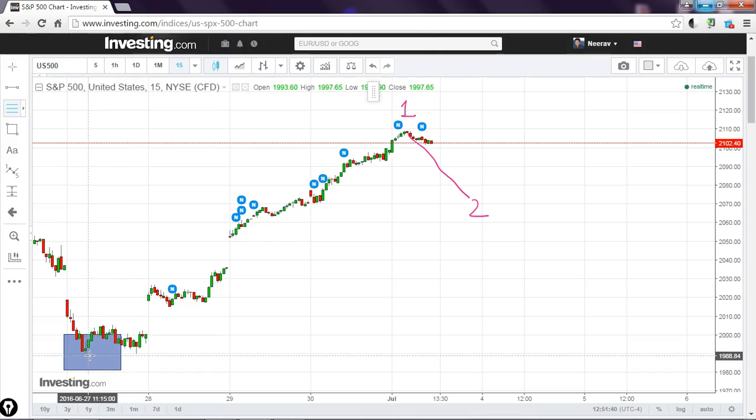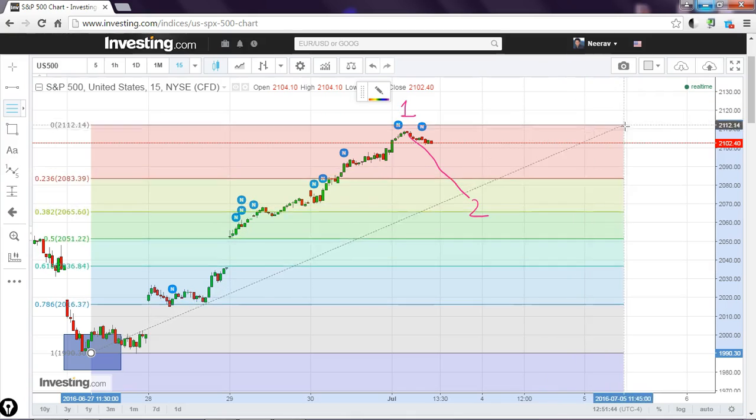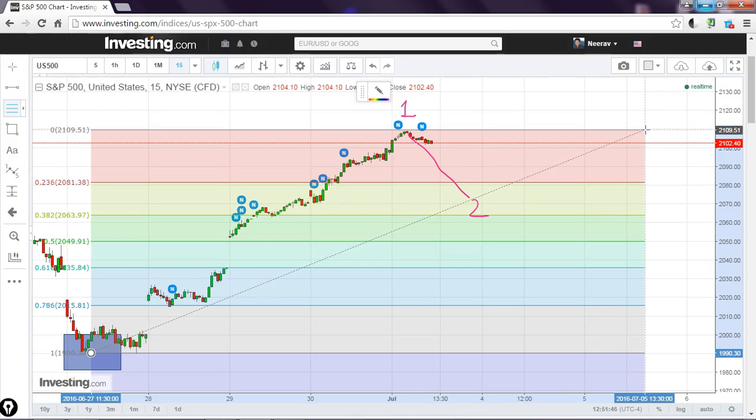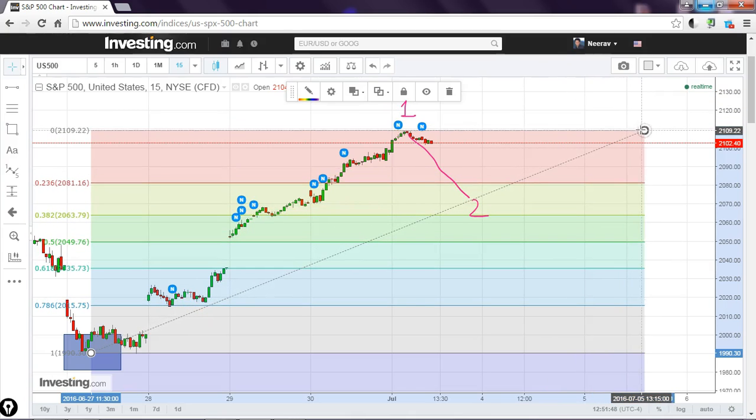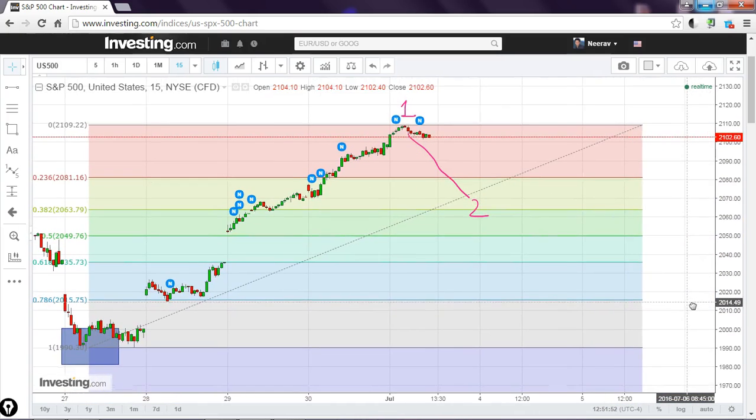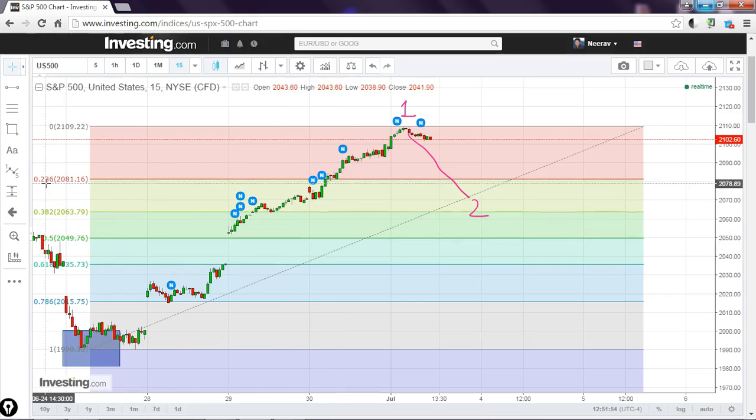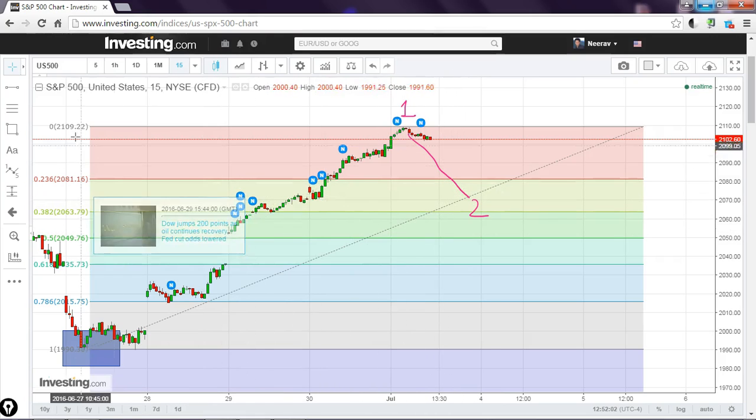So we will simply draw from the starting point of wave 1 till the ending point of wave 1, and we will look at the major ratios. The major ratios come around 0.236, 0.382, 0.5 and 0.618. And how we will use these ratios is that we will simply mark these levels.